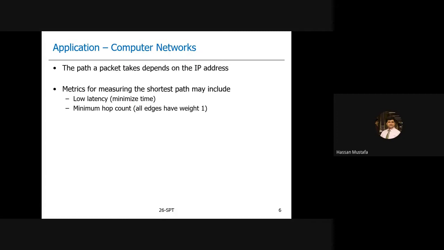The metrics to measure the shortest path for a computer network can be low latency, that is, the path that has more bandwidth, maybe the one that gives me the lowest time from source to destination.